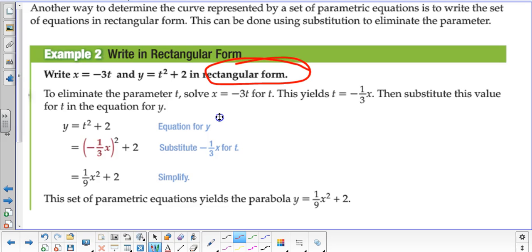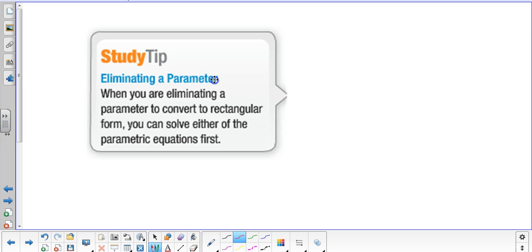So in other words, get it back in terms of x and y. It does say here when you are doing this, you can write t in terms of x and substitute it into the other one, or you can do it in terms of y and substitute it in. That'll make more sense after I show you what I'm talking about here.